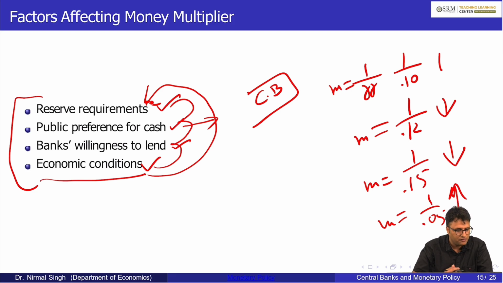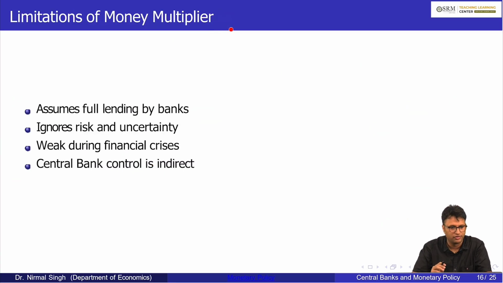So ultimately the economic condition is the most significant factor that will impact the size of money created in the economy, or how much volume of money there will be. There are some limitations of the money multiplier, because we assume certain things when we try to understand it. It assumes full lending, that banks lend whatever they receive as deposits, which generally doesn't happen, but we can run models where we assume that a certain amount of money is kept with the banks themselves.